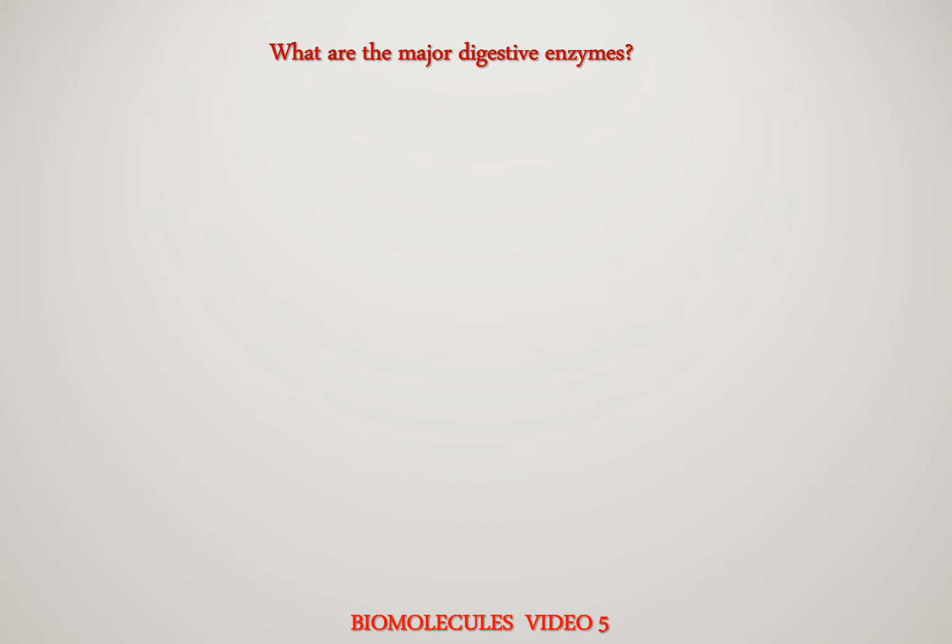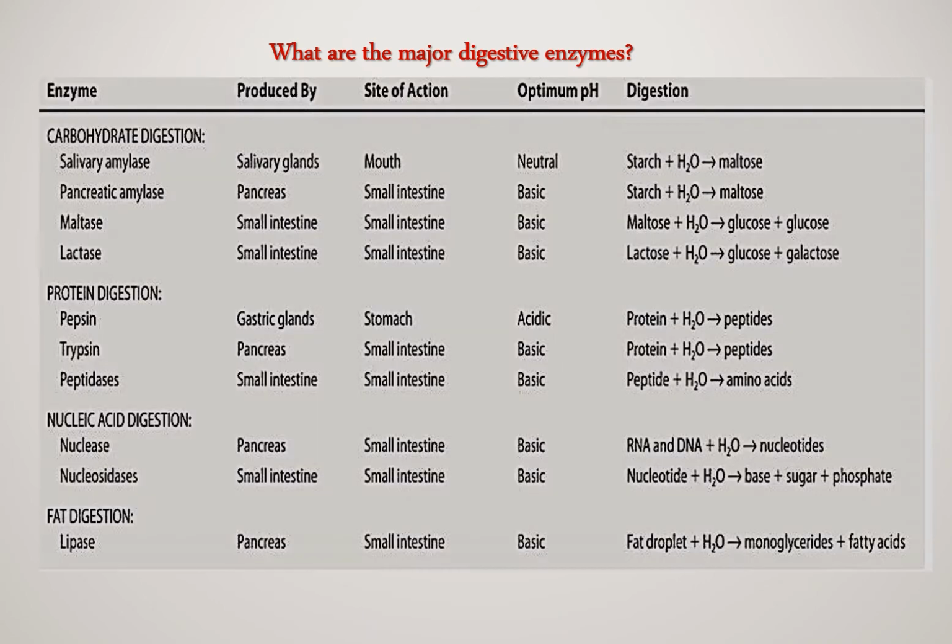Now, what are the major digestive enzymes? They play a dominating role in our digestion process. These are some of the enzymes extensively utilized in our body. Carbohydrate digestion is carried out by the enzyme salivary amylase, which is produced by the salivary glands.